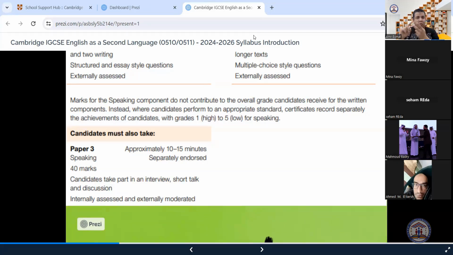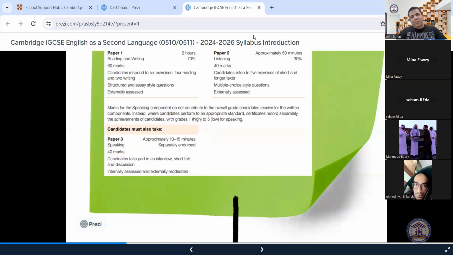Interview is exercise 1, short talk is exercise 2, and discussion is part 3. They are so close to IELTS. So if you want to master teaching such things, you need to have the IELTS preparation course, by the way. Let's move forward.